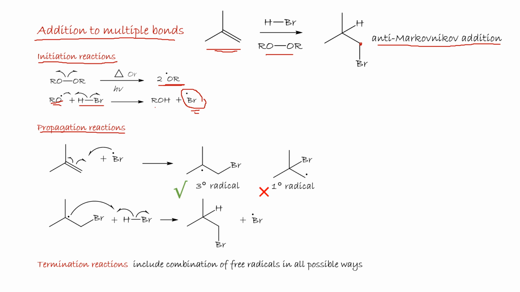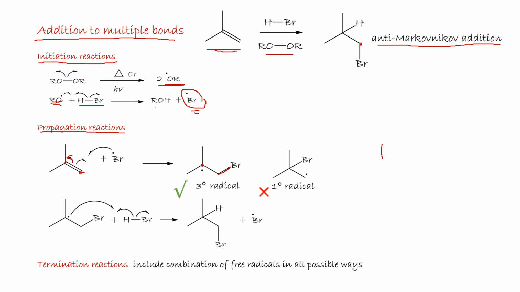The propagation step: the reaction of the alkene, isobutene, with Br radical will form this carbon-Br bond, and the radical will be on the tertiary carbon. So it is a tertiary radical.